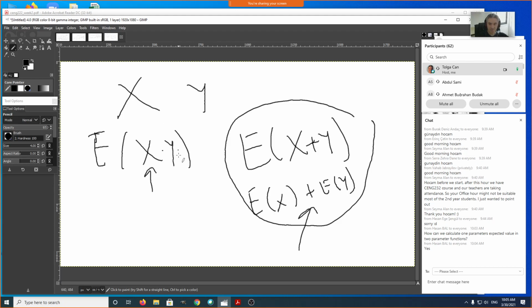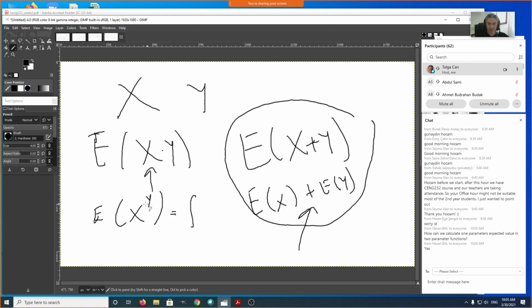But when we have a combination of 2 random variables combined in a different way, for example x to the power y, then it's really more difficult. Again, it's going to be a summation.